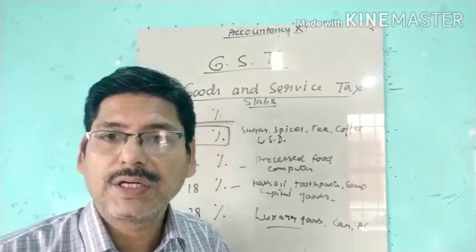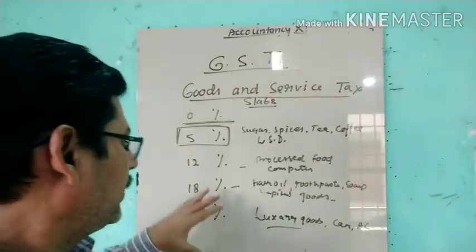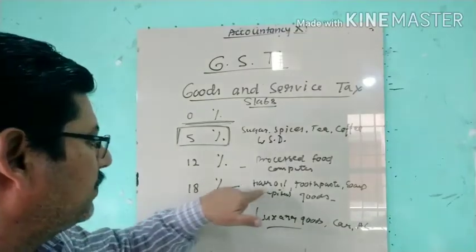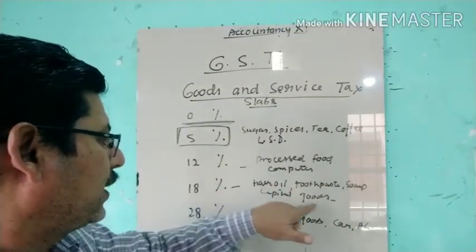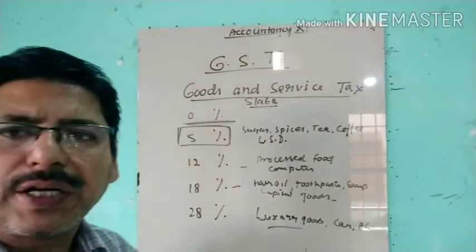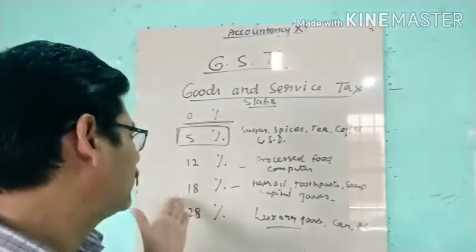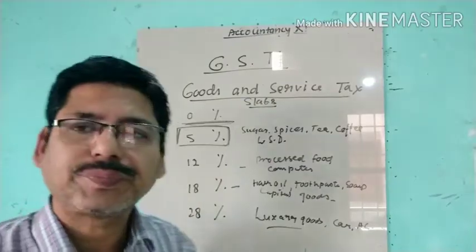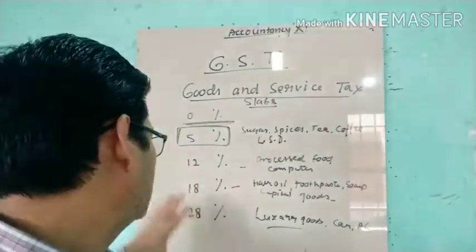The reason they must be knowing, but in this category 18% are hair oil, toothpaste, soap and capital goods. Capital goods means machines, etc. On those goods 18% tax is applied.